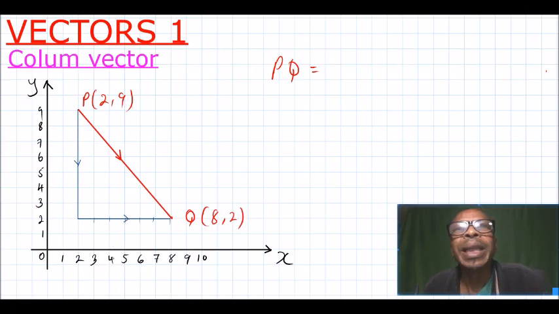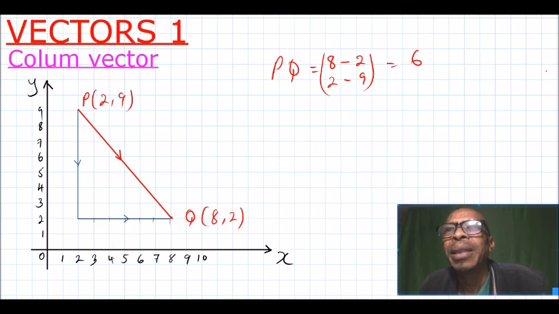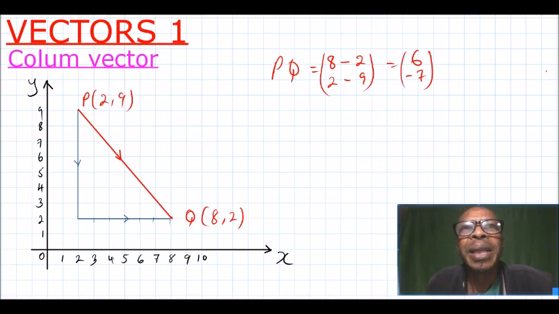So it is 6, which is the same as 8 in Q minus 2. And then we take 2 minus 9. So you see here we get 6, since 8 minus 2 is 6, and 2 minus 9 is minus 7. So you can see now the displacement of y is in the negative direction. That is why we have negative 7.